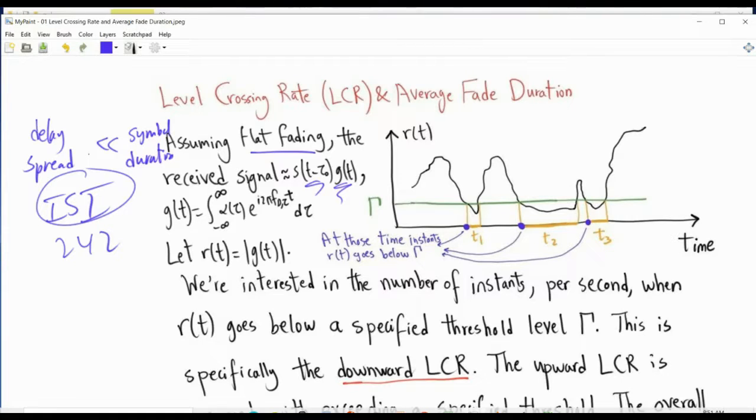In that case, if you have perfect knowledge of the channel, the optimal receiver is something called the Viterbi equalizer. But the Viterbi equalizer requires really good estimates of the channel, and with noisy channel estimates, its performance degrades significantly. Moreover, it is very computationally intensive.